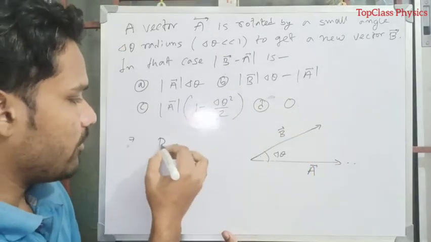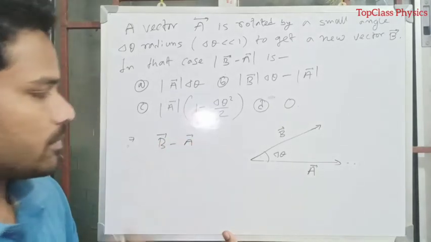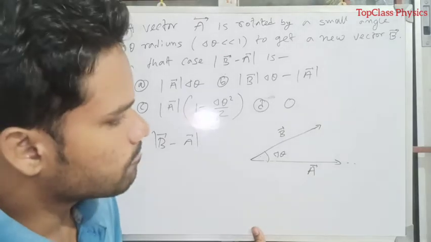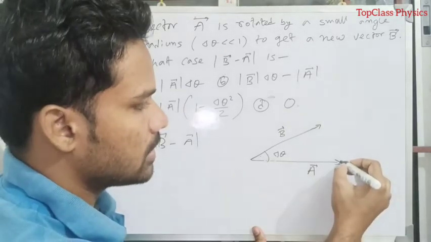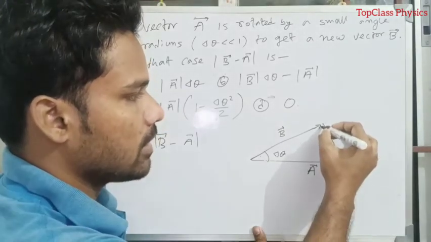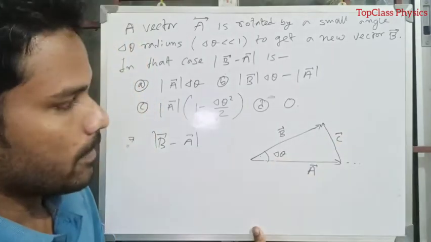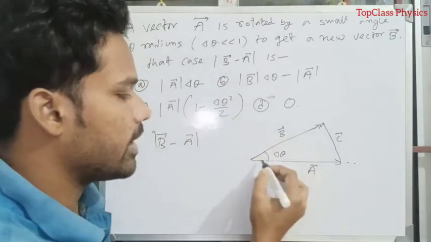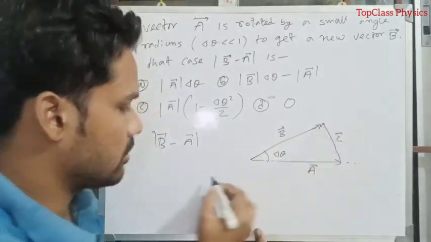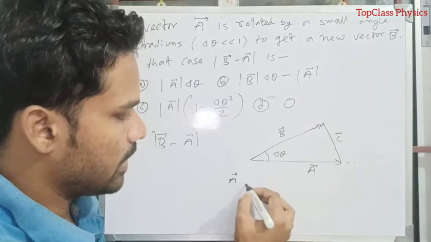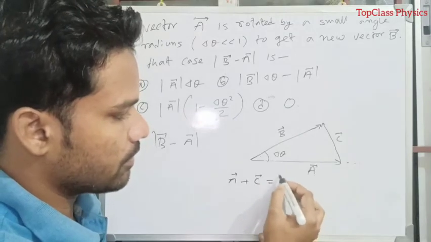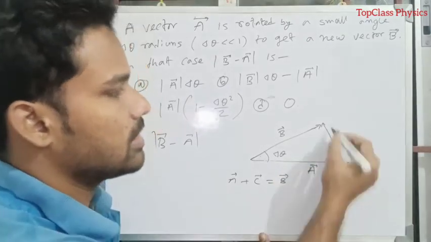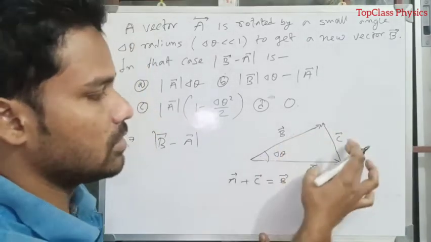So we have to find B vector minus A vector, and then the mod. If I join them, say this is another vector, C vector, then by the triangular law, A vector plus C vector equals B vector. This is the resultant of these two vectors.